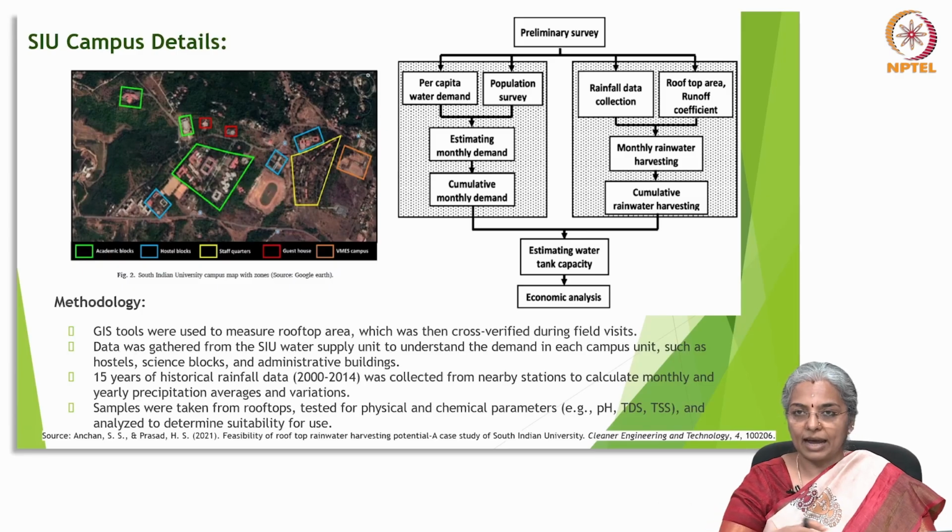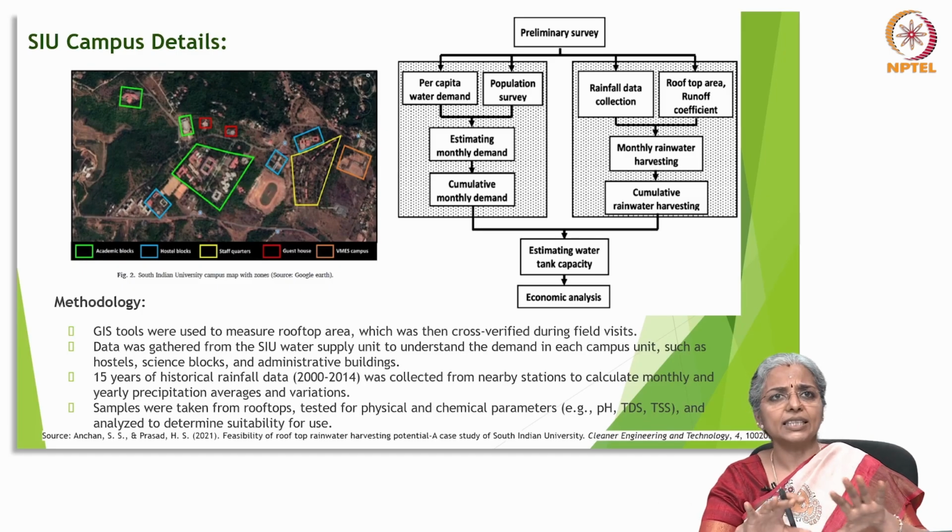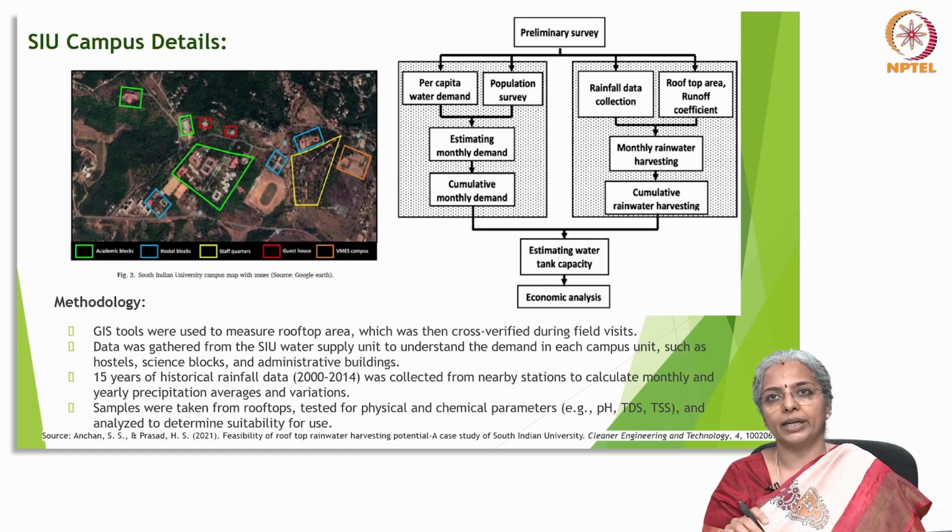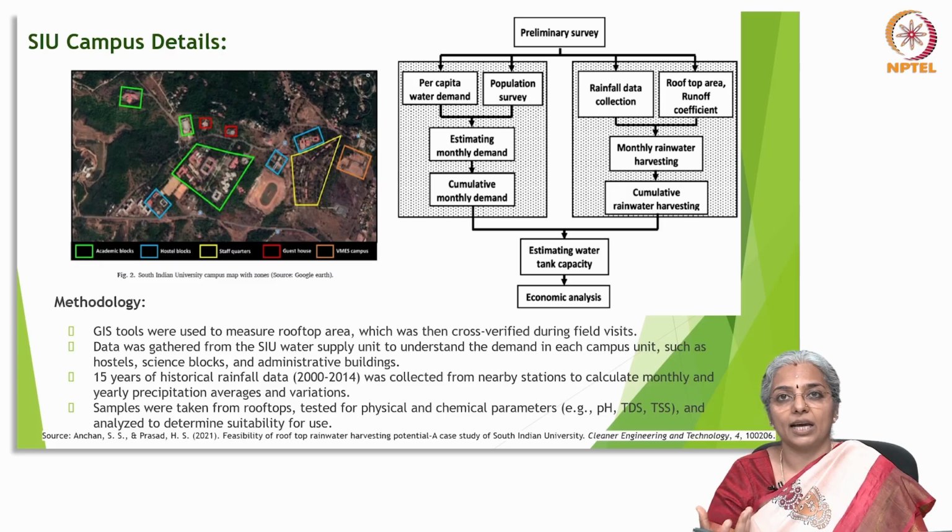So what have they done? This campus is actually located in Mangal Gangotri, which is about 20 kilometers from Mangaluru, and it is on a site of about 350 acres. So you can imagine it's a large site, and this also has a tropical climate.